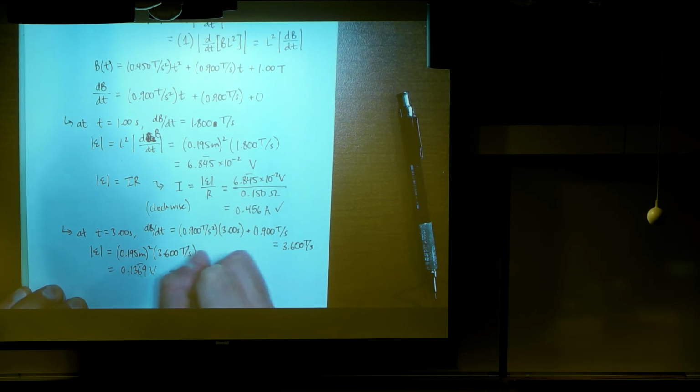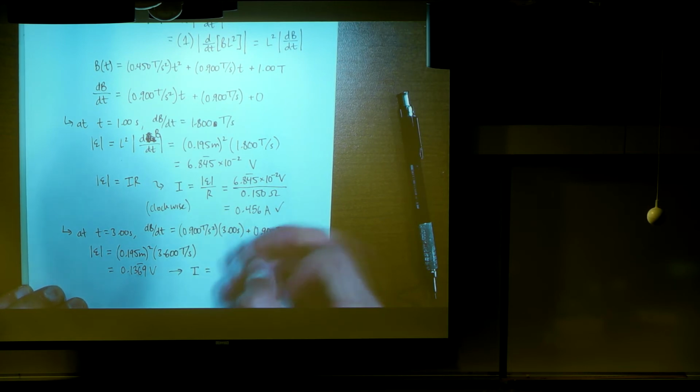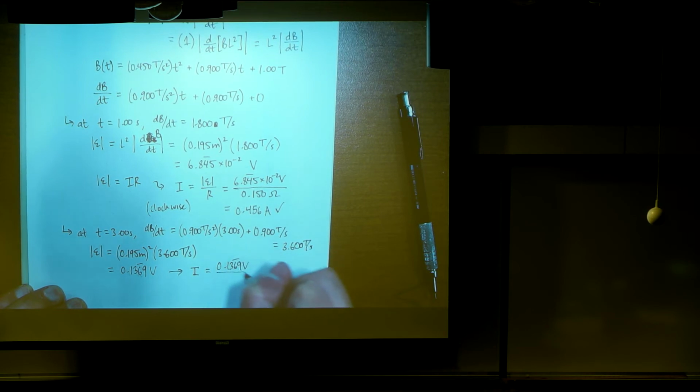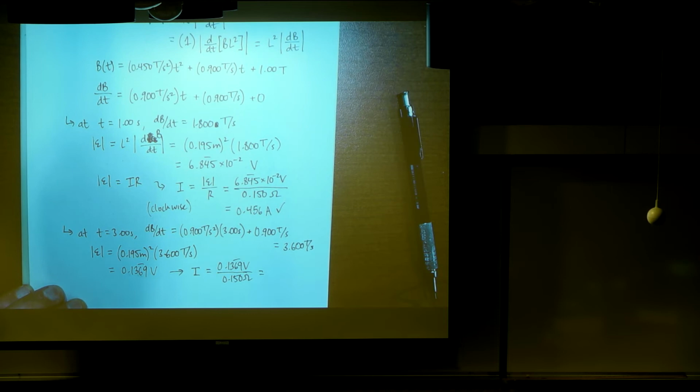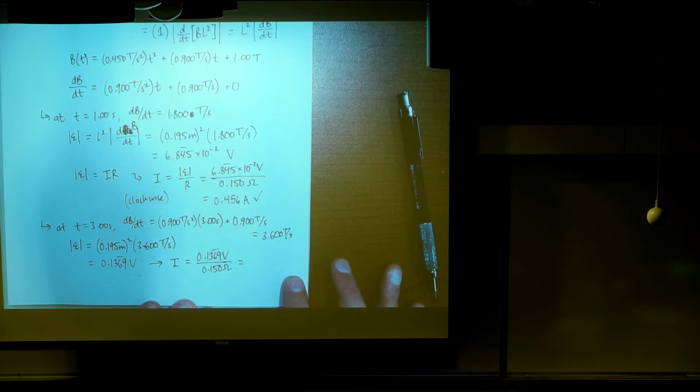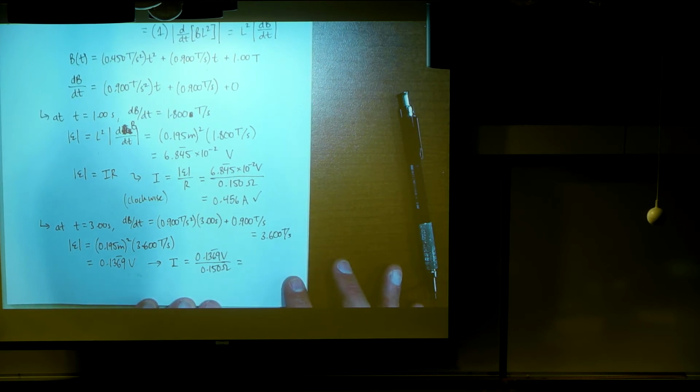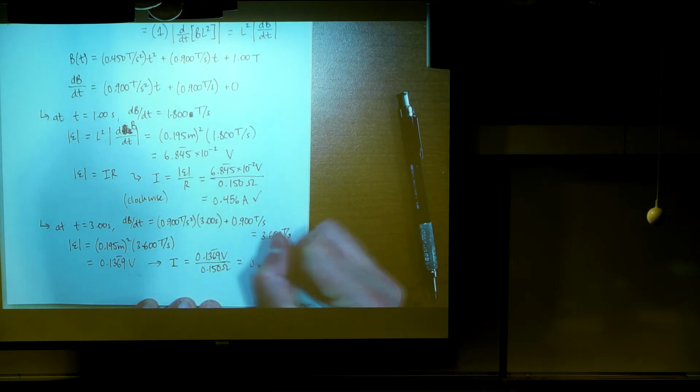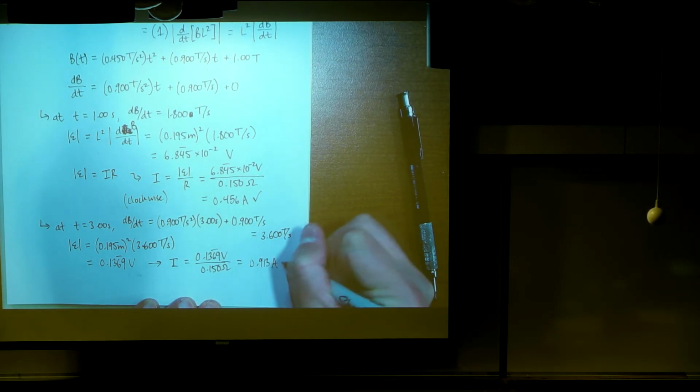And then that means the current is that voltage divided by the resistance. So it's 0.1369 volts divided by the same resistance, 0.150 ohms. And now we have our current, which is 0.913 amps.